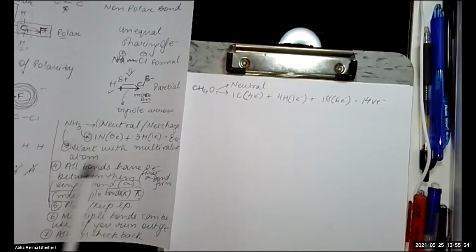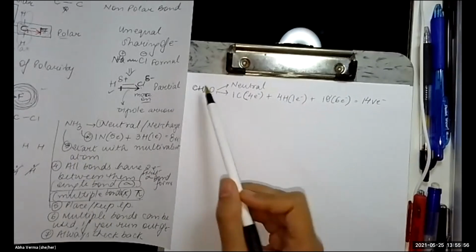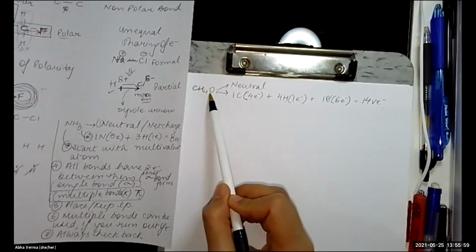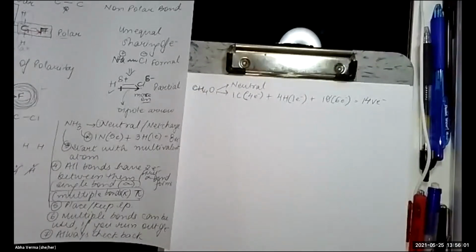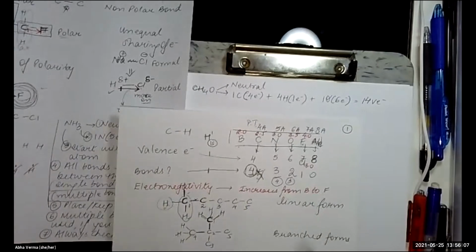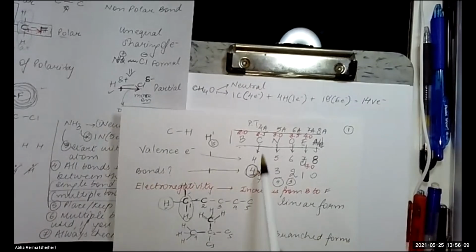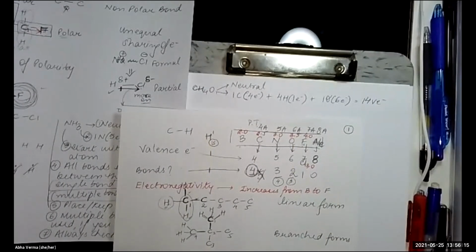So I have to start with my multivalent atom. Among carbon, hydrogen, and oxygen, which is the most multivalent? Going back to my periodic table, how many bonds can carbon make? 4. How many bonds can oxygen make? 2. How many bonds can hydrogen make?